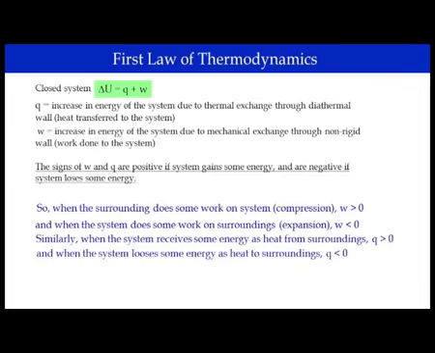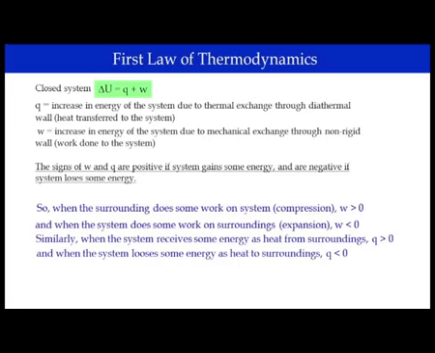When the surroundings do some work on the system, which happens in the compression case, W is greater than 0 because the system gains some energy, and if the system does some work on the surroundings, which happens in the case of expansion, then the system loses some energy, so W should be negative. Similarly, when a system receives some energy as heat from the surroundings, then Q is positive, and if the system loses some energy to the surroundings, then Q is less than 0, that is, negative.